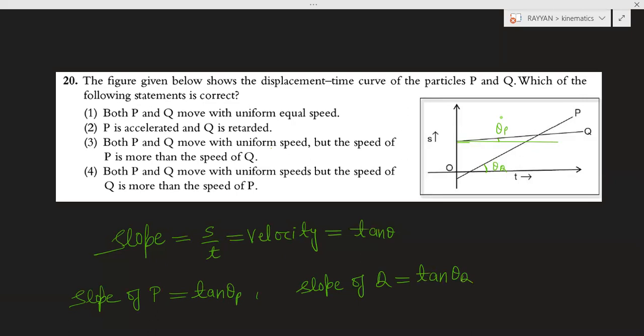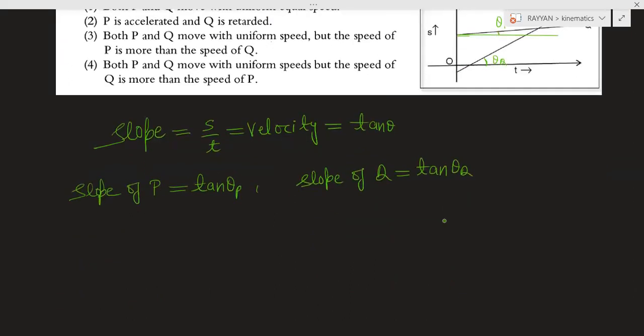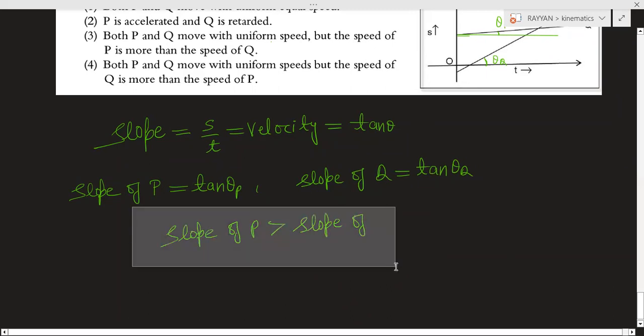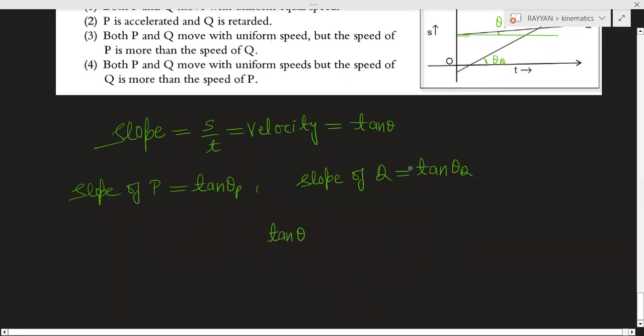Since theta q is greater than theta p, tan theta q is greater than tan theta p, means slope of q is greater than slope of p.